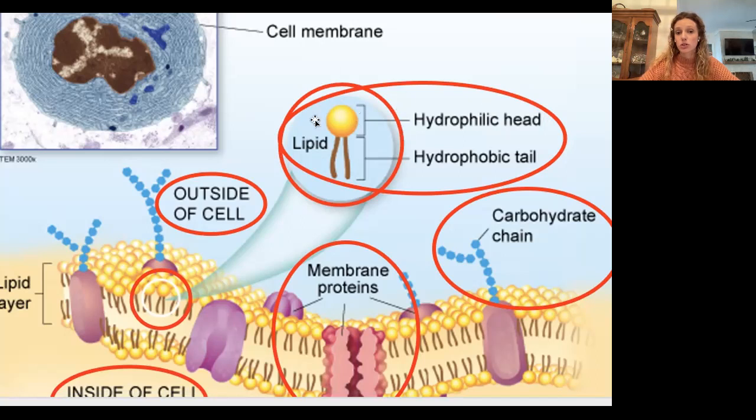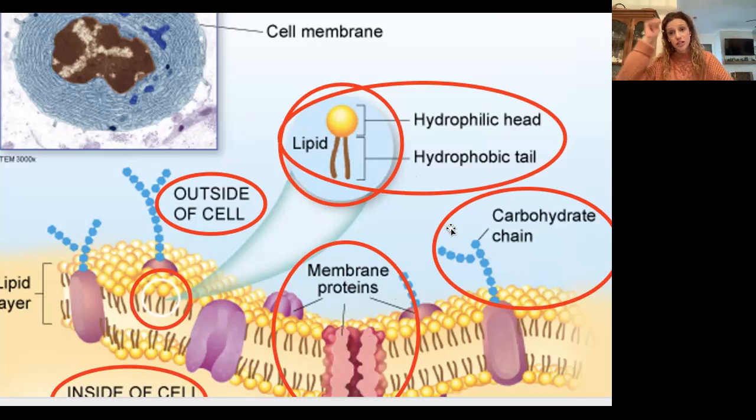So I want you to redraw this image. The top part, hydrophilic head equals water loving. Then the little tail part is hydrophobic, phobic meaning hating. So it hates water. The tail hates water. You have to remember the order of this, that there's a hydrophilic head and a hydrophobic tail. The way that I remember it is philic over phobic.